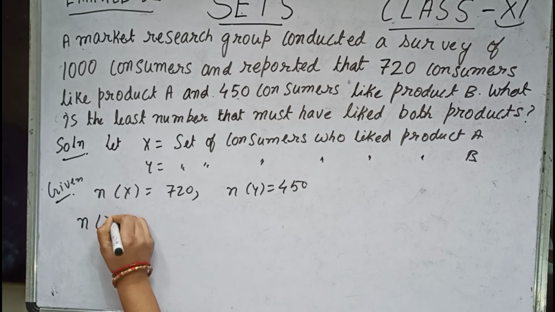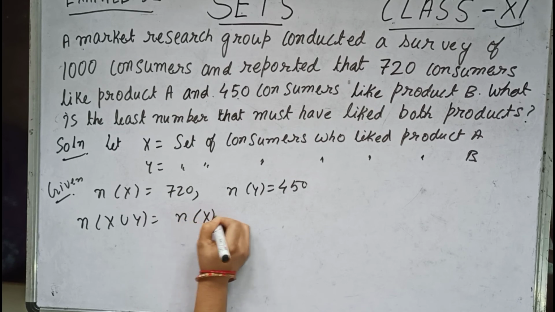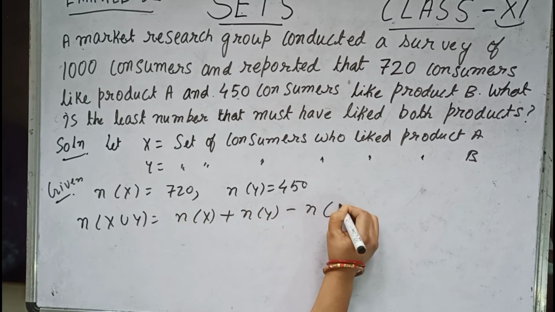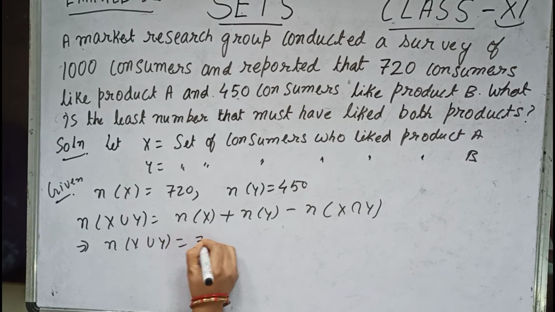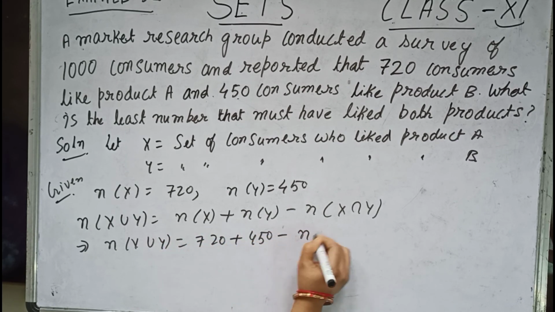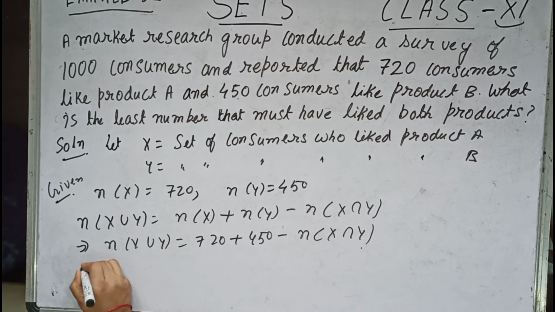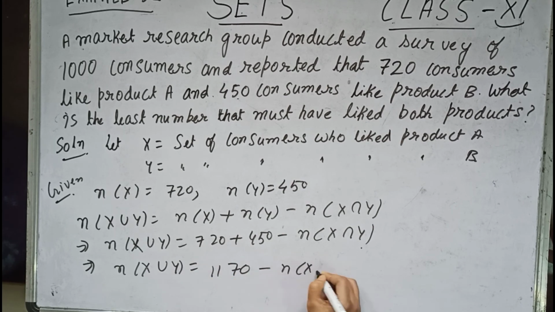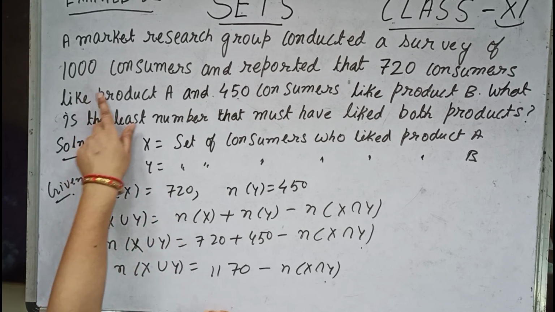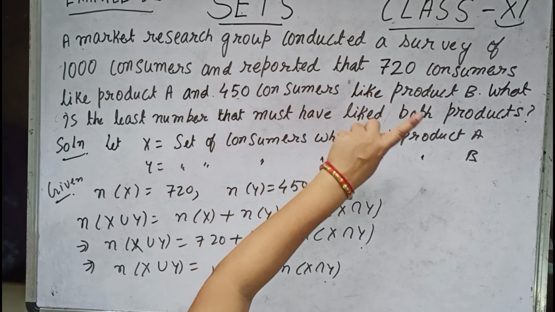So let us start. n of X union Y equals n(X) plus n(Y) minus n of X intersection Y. This implies n of X union Y equals 720 plus 450 minus n of X intersection Y. This implies n of X union Y equals, let us add it, 1170 minus n of X intersection Y. Now the maximum value of X union Y, that is the maximum number of consumers who were questioned, must be equal to 1000, because a market research group conducted a survey of 1000.